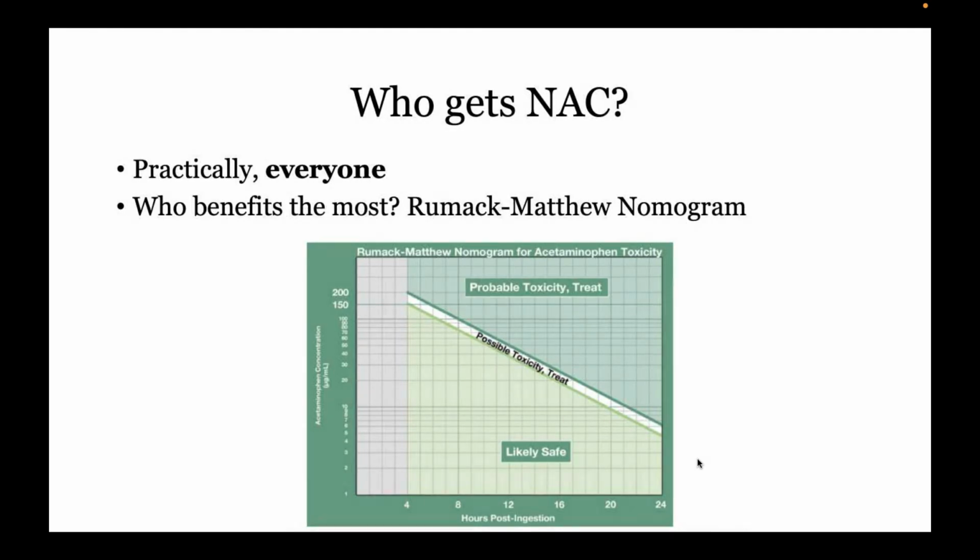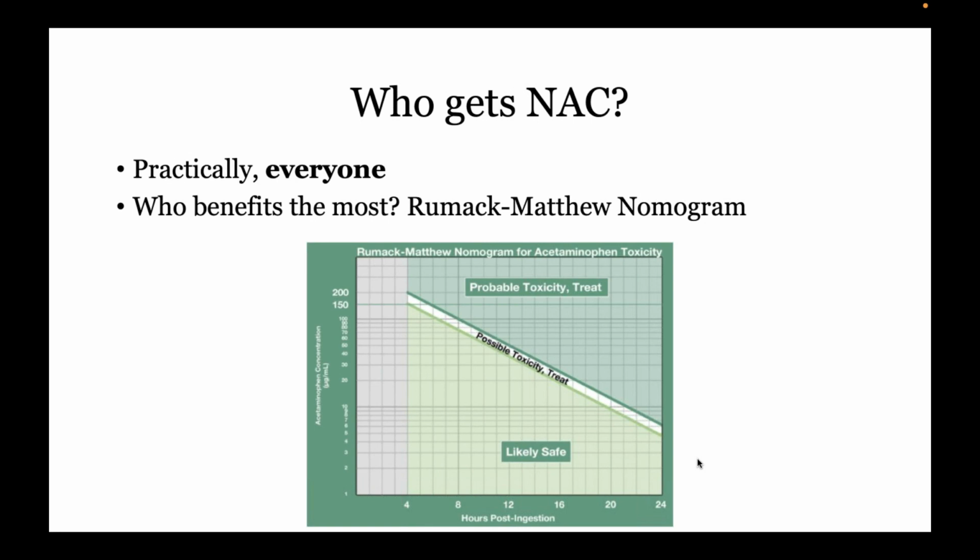And in terms of who gets NAC, practically in the real world, everybody's getting NAC, right? Who benefits the most is this guy, Rumack and Matthew. They looked at the people with acetaminophen toxicity, at the hours post-ingestion and the level of Tylenol in the blood, and they plotted it, and they said these people died, these people didn't die, and they drew a line between those who died and those who didn't.